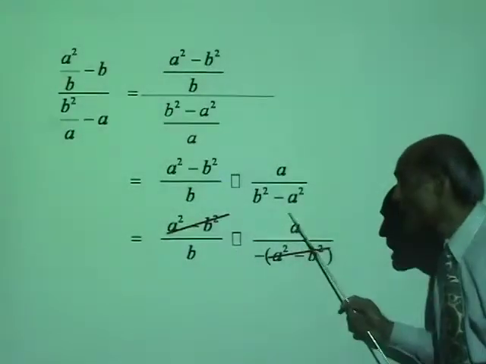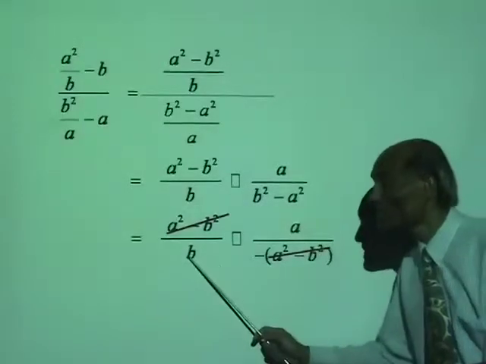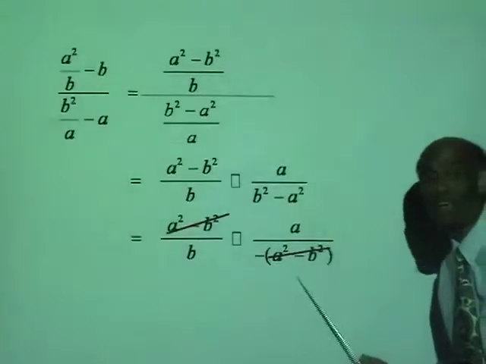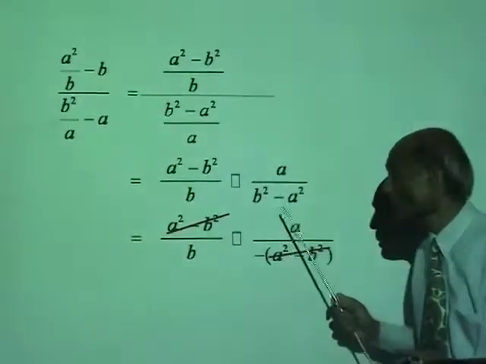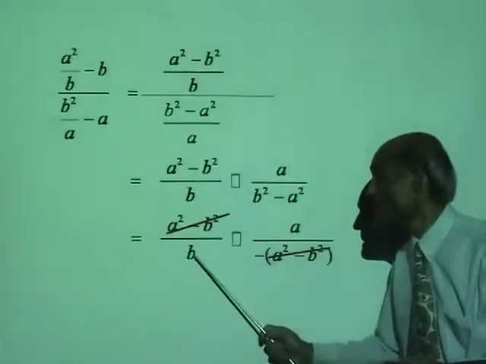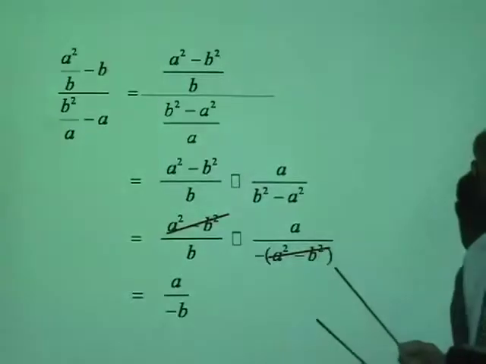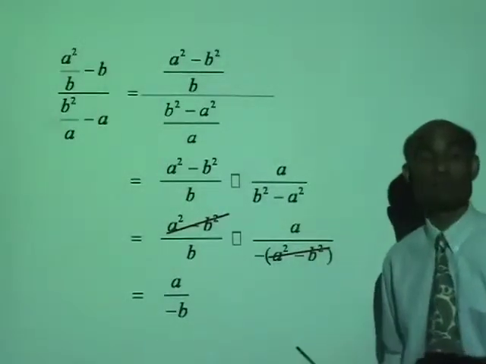Our numerator now is an a, and the denominator is b times, there is a negative 1 left here. You see the negative sign? That is a negative 1. So the numerator now is a, and the denominator is negative b. So that will be a over negative b.